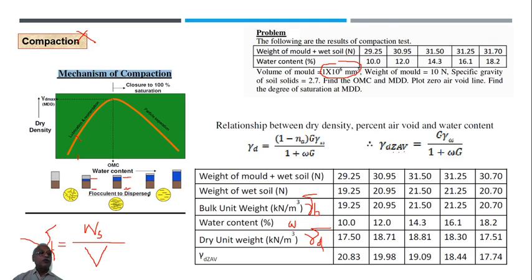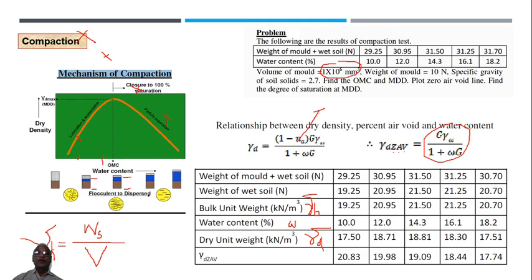Because of that the total volume has increased, reducing the gamma D. The assumption is there are no air voids. So this value with this much water content will come somewhere there, let's say.